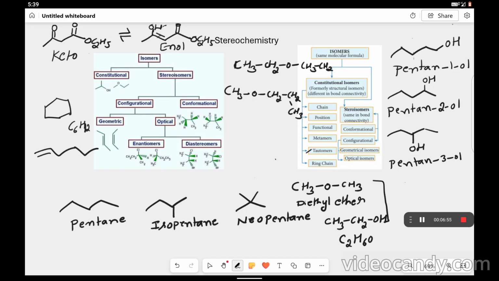Here also the molecular formula is the same. With the molecular formula C6H12, one of the possible compounds is cyclohexane, and one more possible compound is 1-hexene. So this is the example for ring chain isomerism.